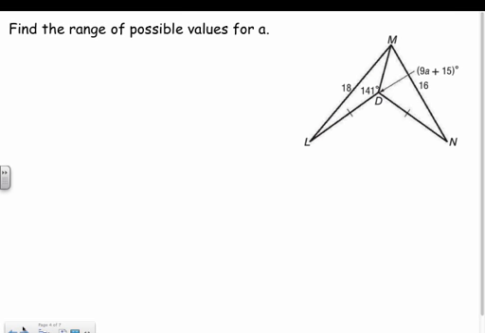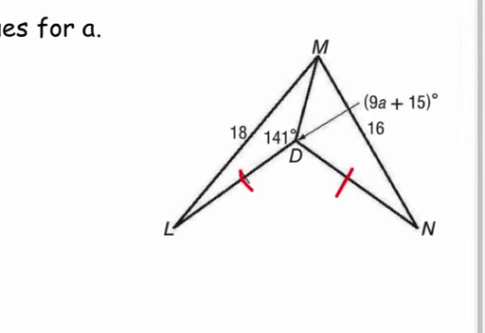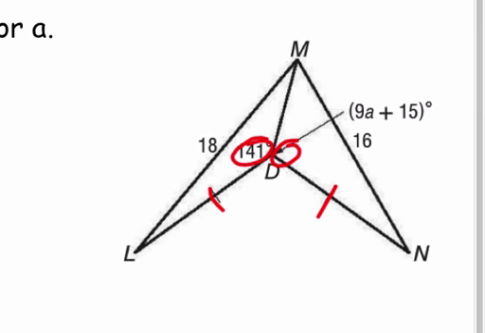Okay, we can also use this to write a range of values for a variable. So if I look at this, it says find the range of values of a. So same thought process, see if it's side angle side: side congruent to side, angle in between, using this angle and this angle, and then the sides congruent to the other side that they share. So I can apply this.